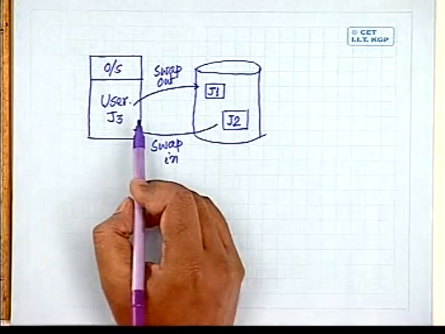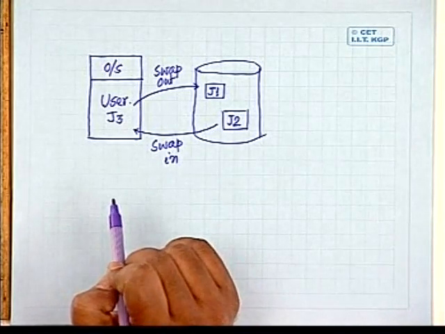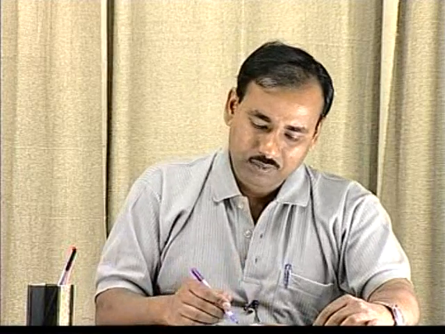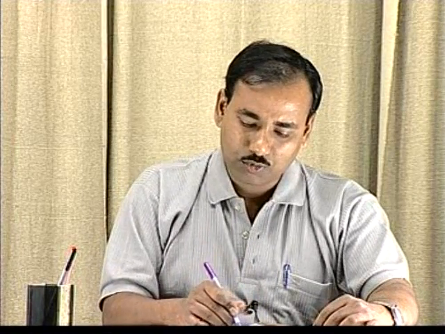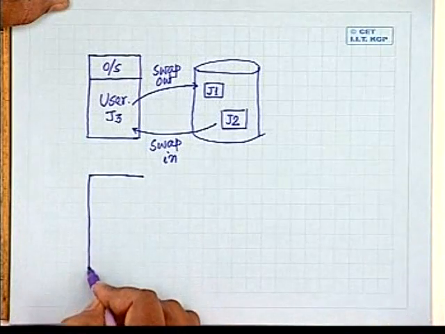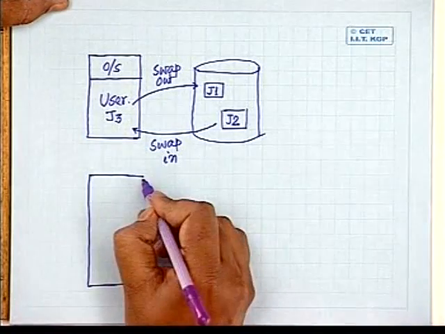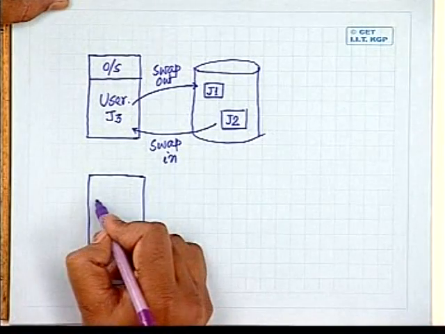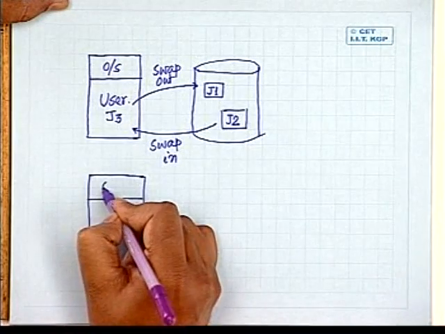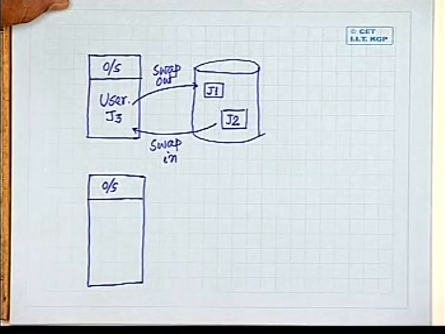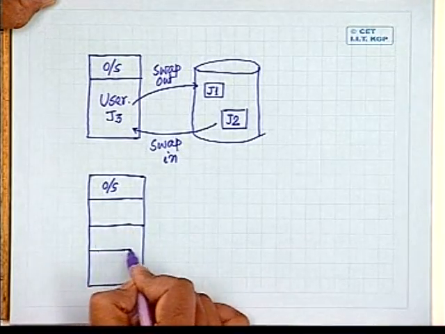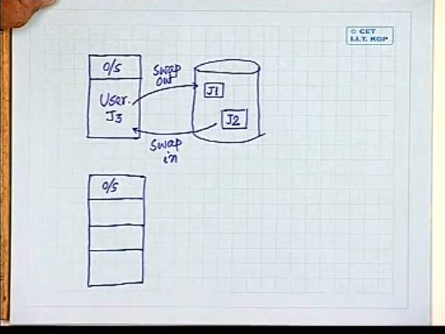Even that problem can be avoided if we can overlap the swap in or swap out operation with the CPU execution. To do that, instead of having only 2 partitions in the main memory, we have to go for more partitions. So the next memory model is something like this. A partition of the main memory is always given to the operating system, and the user area you divide into 3 partitions.